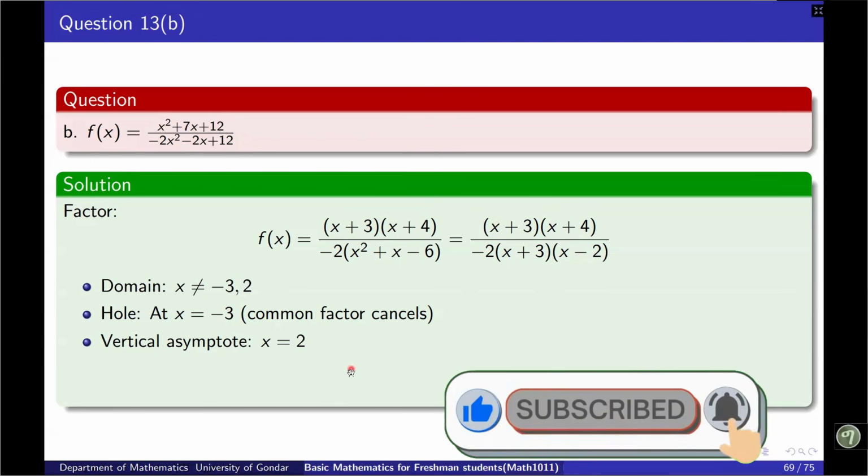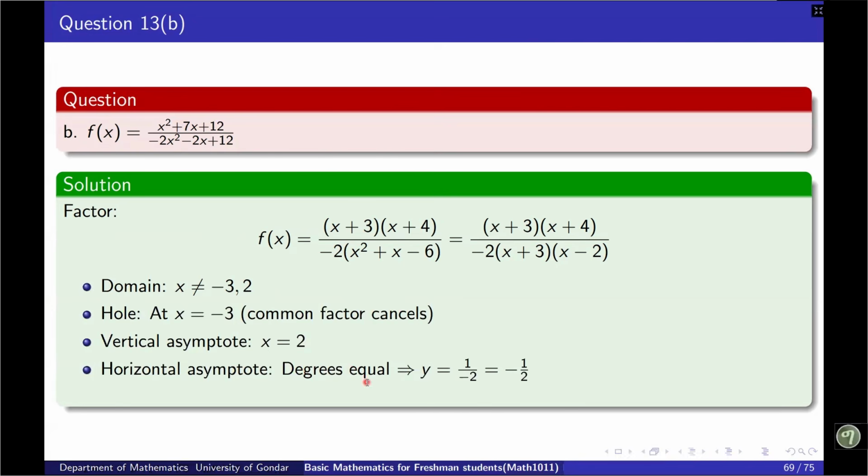And the horizontal asymptote: since the degrees of the numerator and the denominator are equal, the horizontal asymptote is the line given by the quotient of the leading coefficients of these two, that is 1 over negative 2, which is negative 1 over 2.